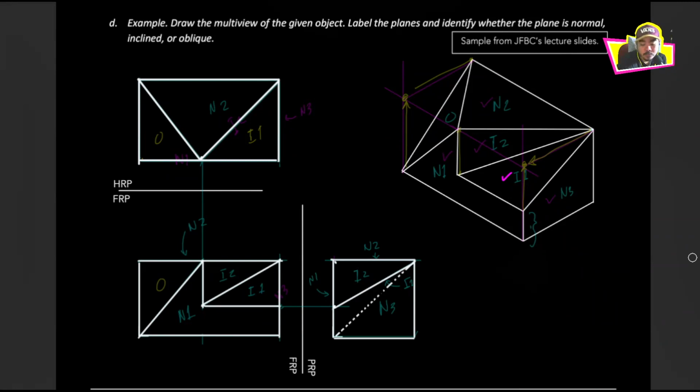So if you downloaded the app na binanggit ko, maybe it can help, no. Sometimes yung iba some students say na hindi siya nakatulong, pero yung iba naman natulungan doon. That is mostly for planes in space, no, pero planes in space translate well into objects in space na rin.